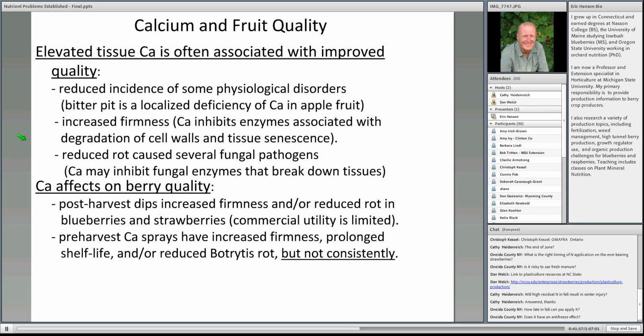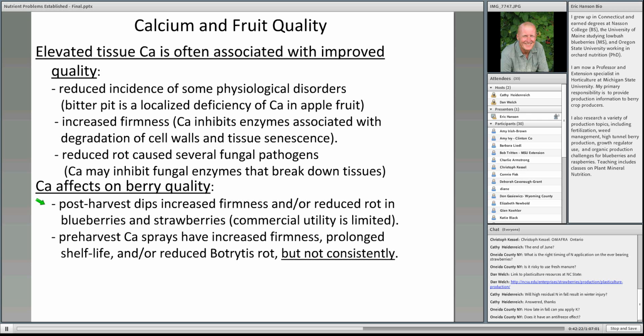But what's known there? Well, we know that increasing calcium levels in berries can improve the quality of berries. We know that from the fact that if you dip strawberries or blueberries in calcium solutions after harvest, it increases firmness and/or reduces the rot incidence.